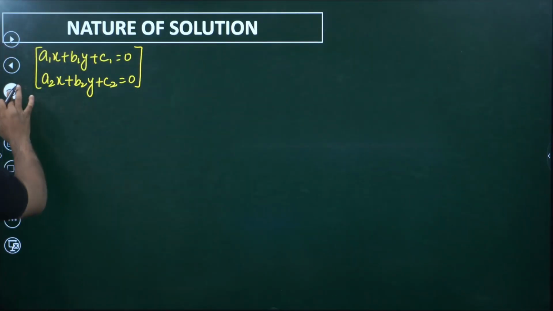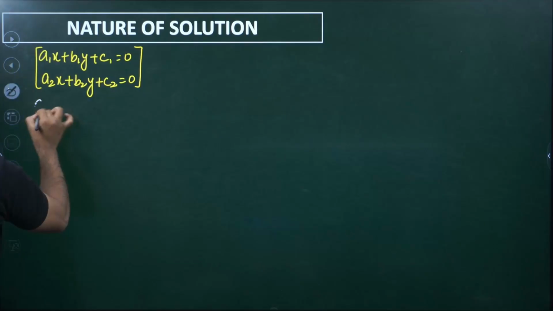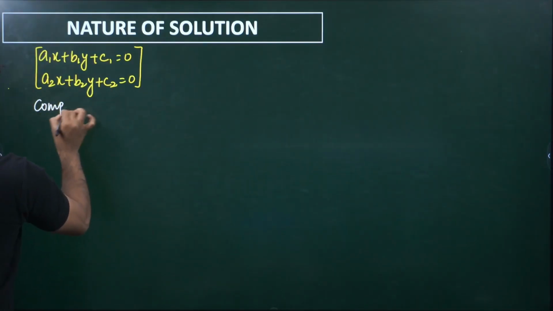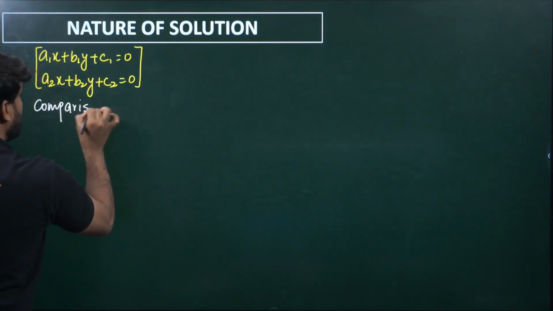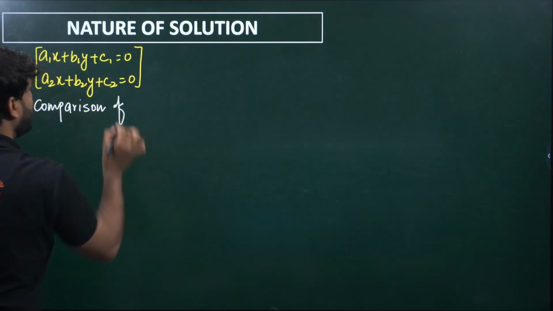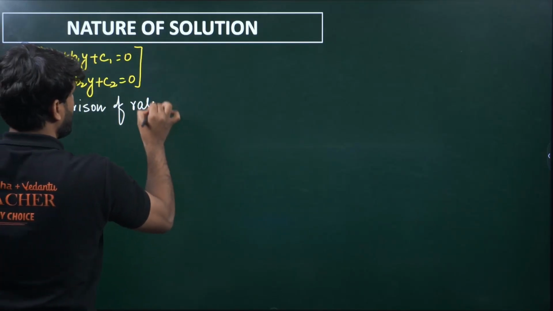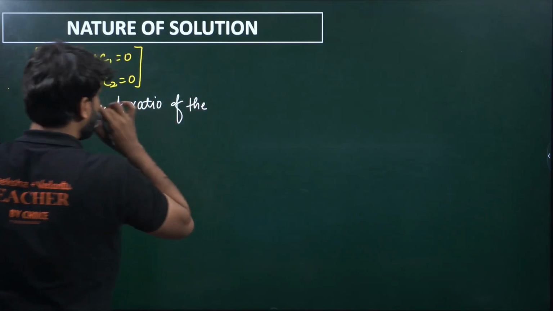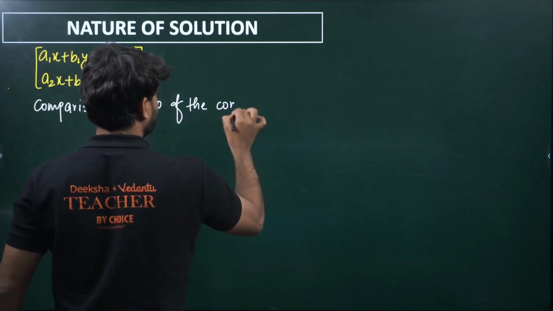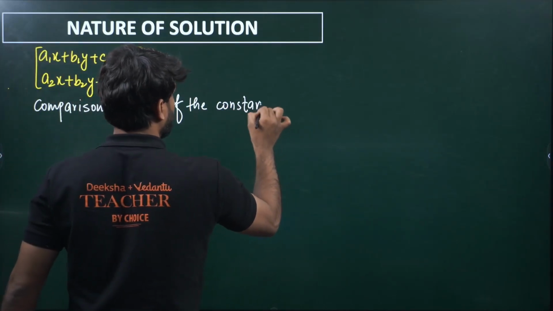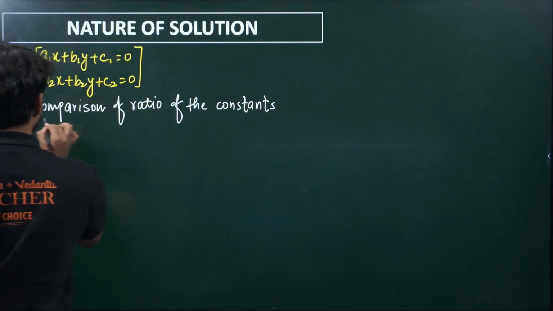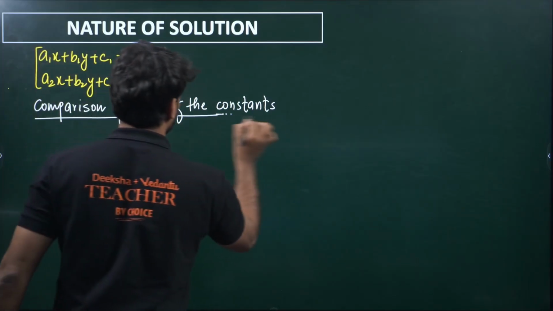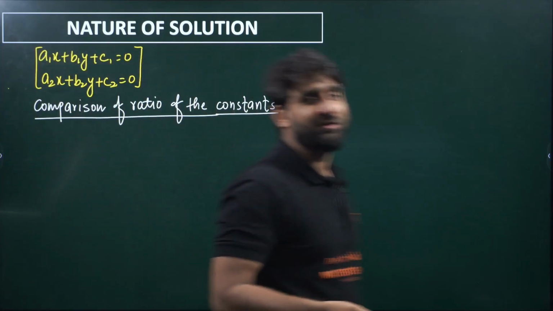The method is called comparison of the ratio of the constants. Please everyone focus here. And what are the constants?